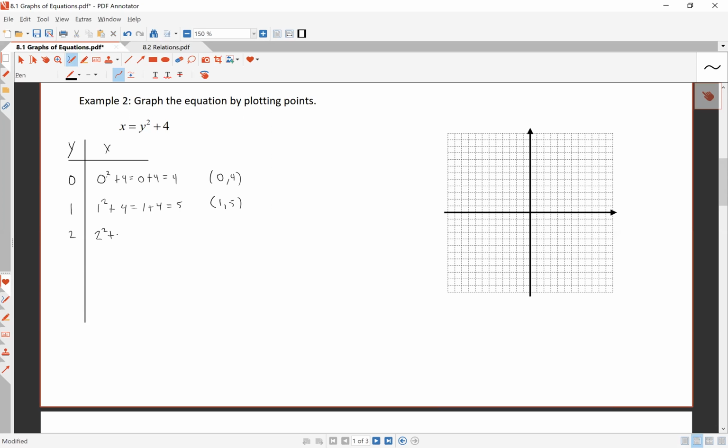Two squared plus 4 is 4 plus 4, which is 8. So we're at 0, 4, 1, 5, 2, 8.